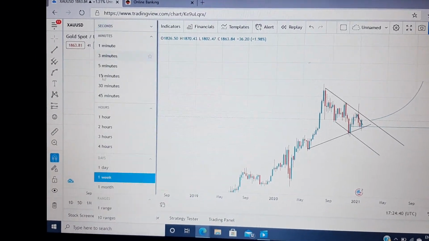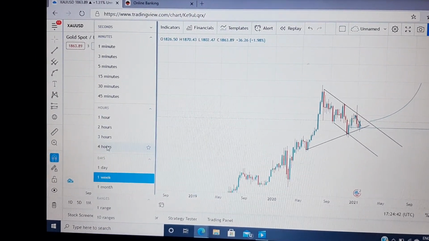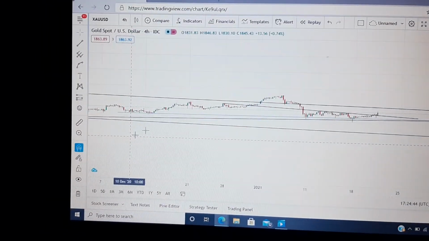But let me show you how it looks on an H4 chart.